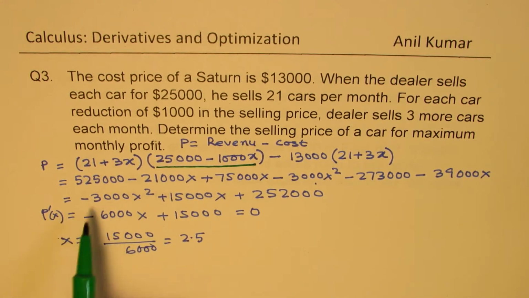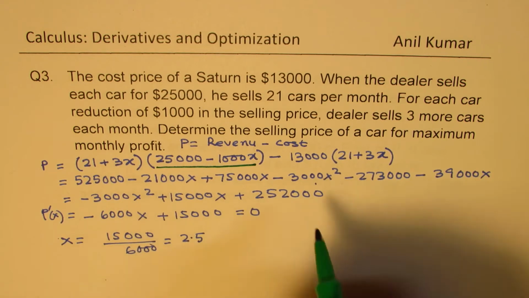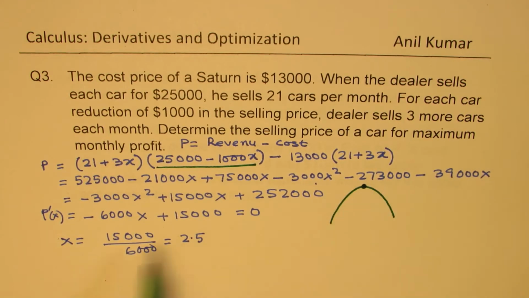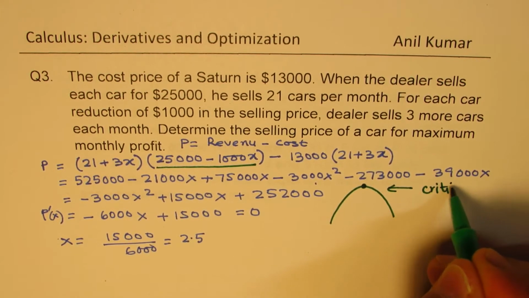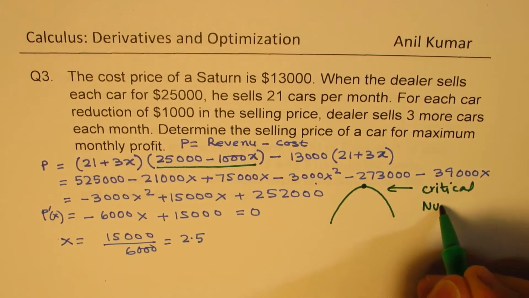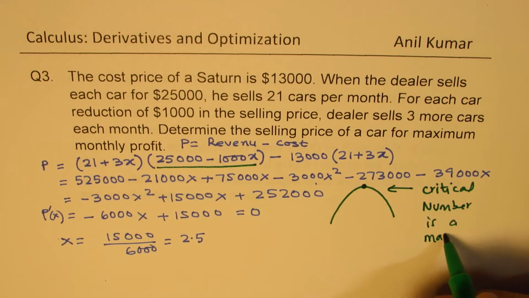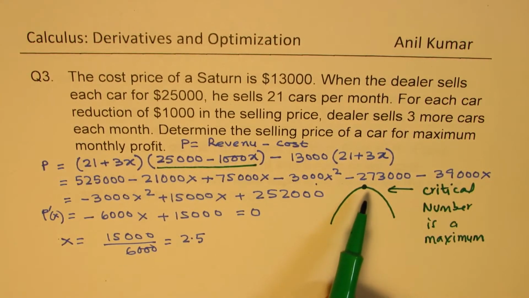Now, clearly, the quadratic function which you have here is a parabola opening downwards. So the critical number is a maximum, right? So we know the critical number is a maximum. Correct? So that is how we are proving that this critical number is a maximum.